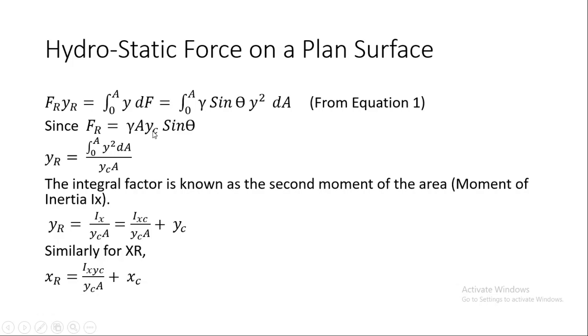Here we are determining the yR position of the resultant force, so we want to resolve everything in the form of the y variable. So we put our value of Fr in this equation. When we put this in, the specific weight cancels out and sine theta cancels out, and we come up with an equation where area is present, y squared dA over yc.